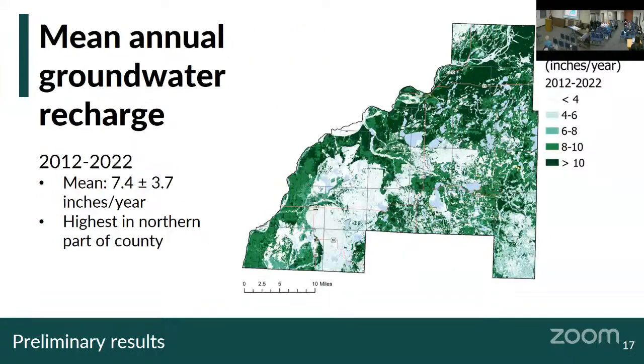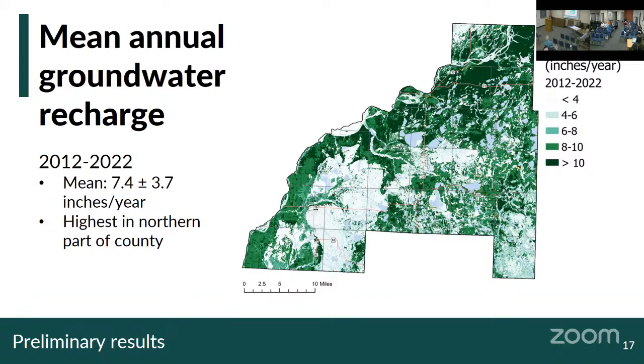Next, we've got groundwater recharge. Again, this is how much water is entering the groundwater system on an average year from precipitation. So this is ultimately what controls our groundwater levels. This map was made using an average over the time span of 2012 to 2022.